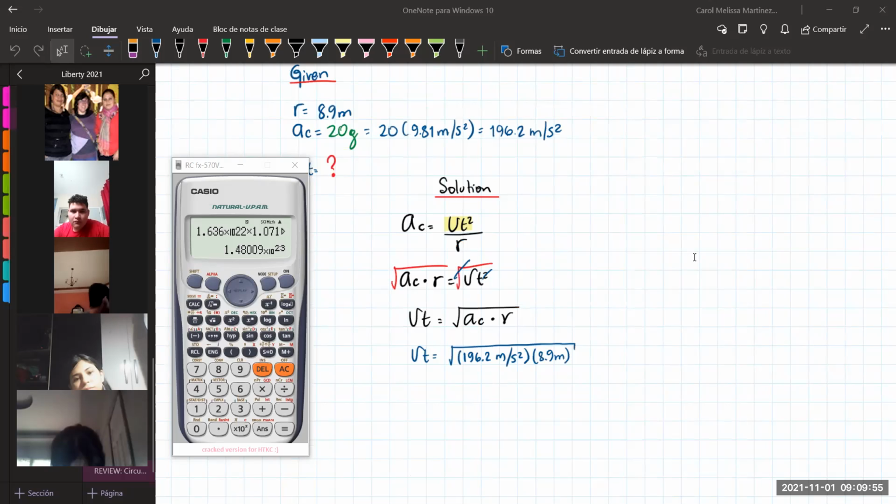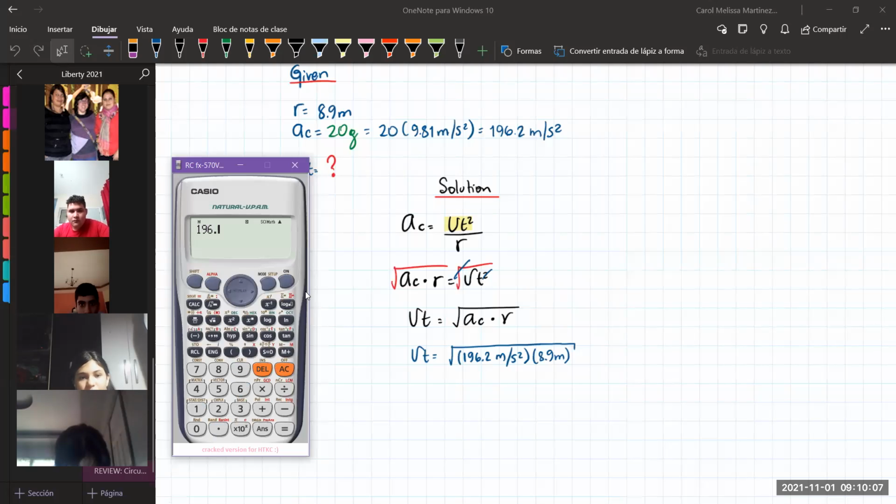So in the calculator, what I do is 196.2 times 8.9 equal, and then I get the square root of the answer. That is in scientific notation, but without scientific notation, it's going to be 41.79.